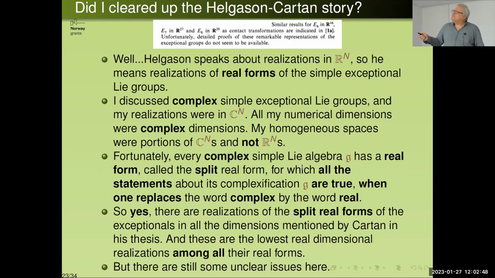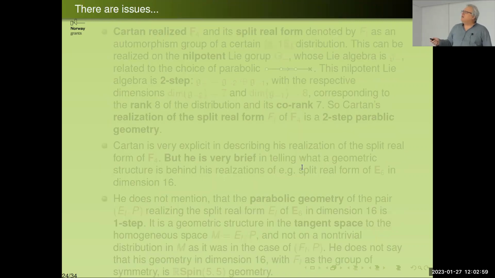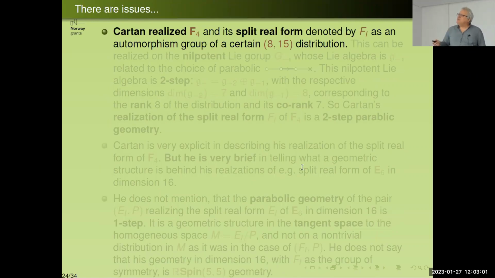Moreover, I am very unhappy with Helgason using the word similar, because they are not similar to those of F4 or G2. Cartan realized F4 and its split real form as an automorphism group of a certain distribution in dimension 15.